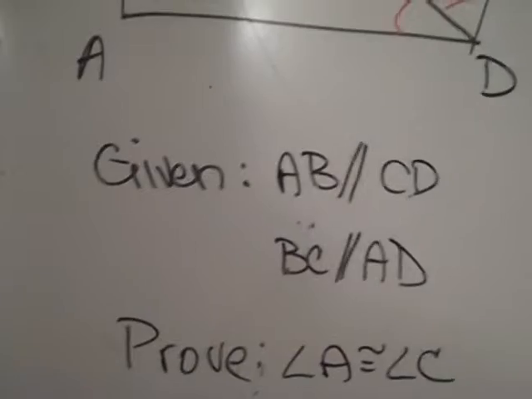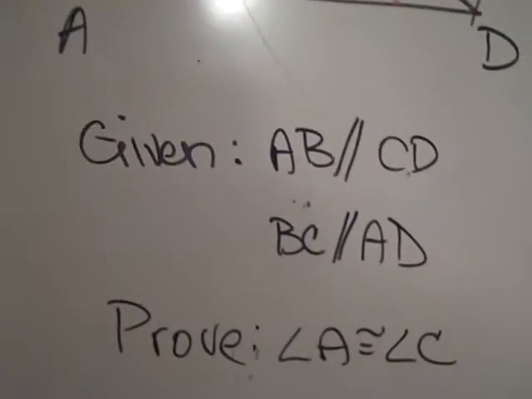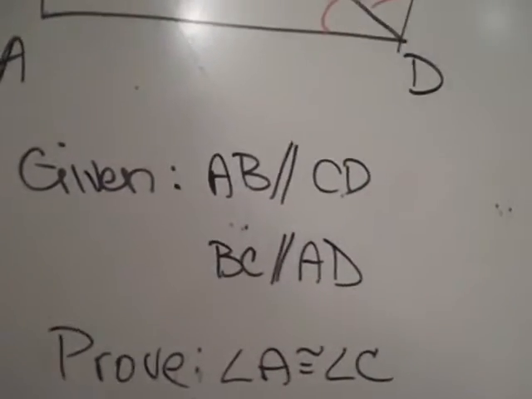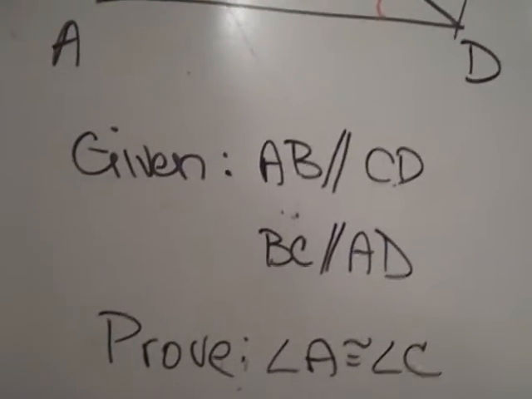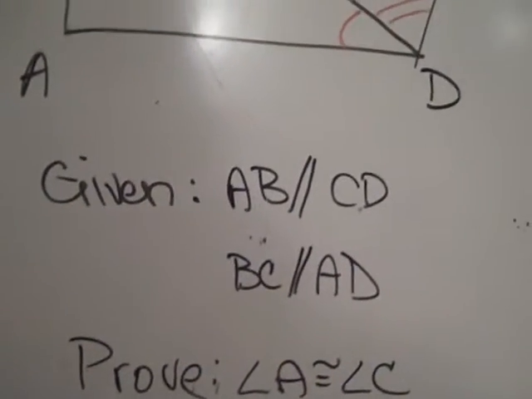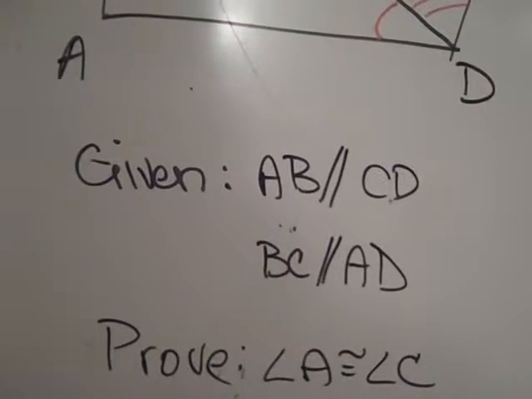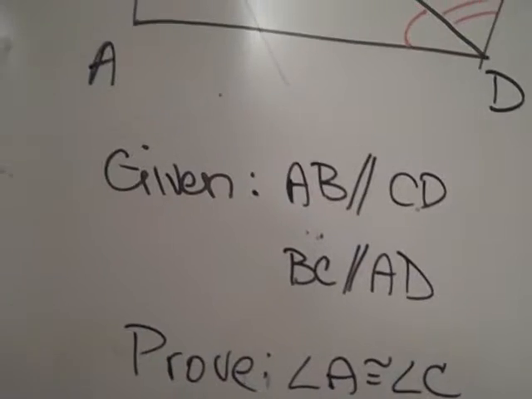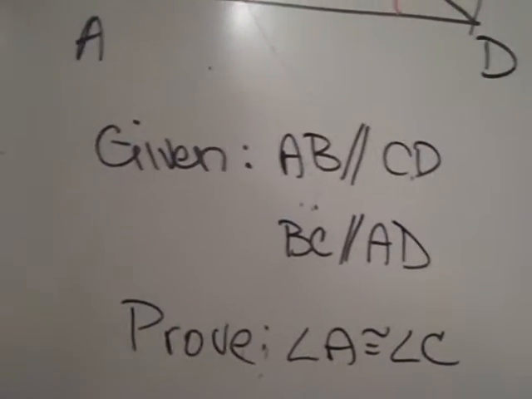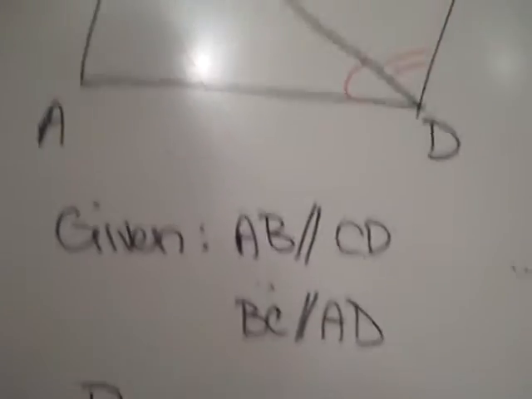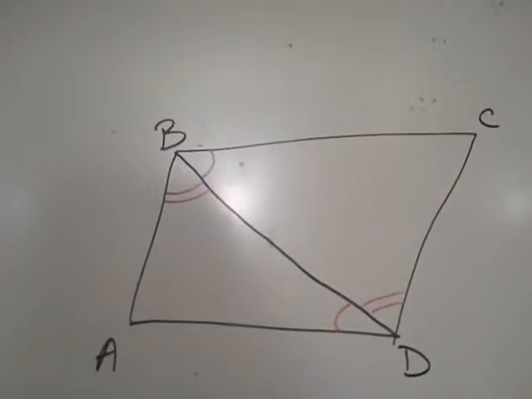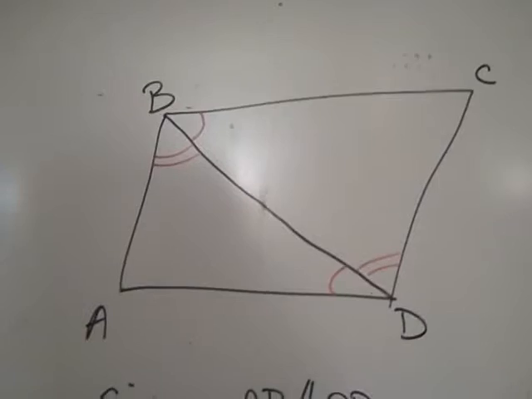Out of the 14 statements and reasons, before we even start the proof, you automatically know 5. You know your first 2 statements, your first 2 reasons, and you automatically know your very last statement.